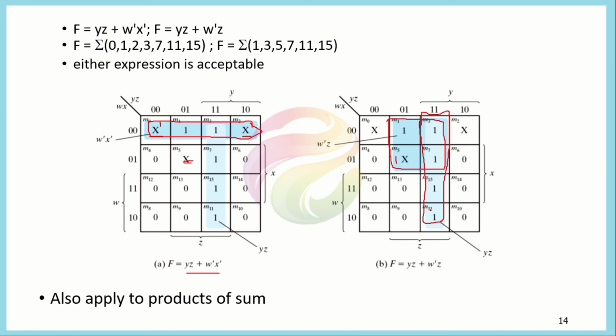So one expression is from this minimized expression, and another is from this square block. So again, this will result in this. Both of their results are the same, and you can easily see that if you represent both expressions in a circuit diagram, either in the product of sum form or sum of product form, both will result in the same number of gates.